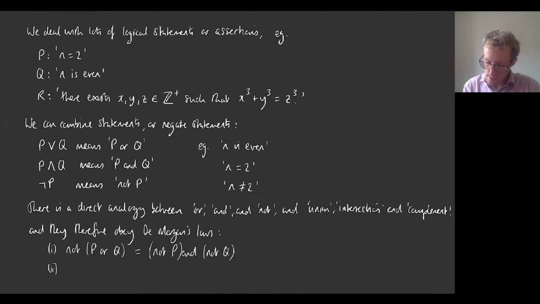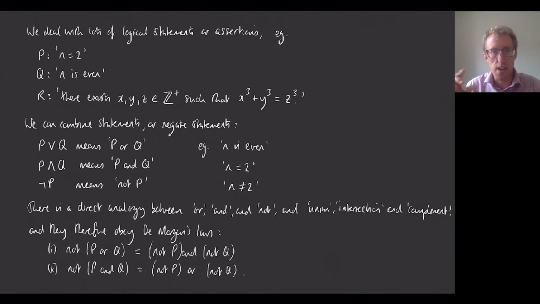And not (P and Q) is equivalent to not P or not Q. So the not can kind of come through the brackets, but it changes the and into an or and the or into an and. If you just think through the logic here, this is just common sense. If I don't have either P or Q, then that means I don't have P and I don't have Q. But when we're dealing with more complicated statements, this can actually end up being a bit confusing, and sometimes it might be helpful just to come back and really stick rigidly to these laws.